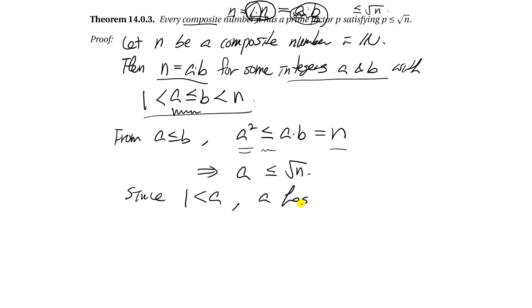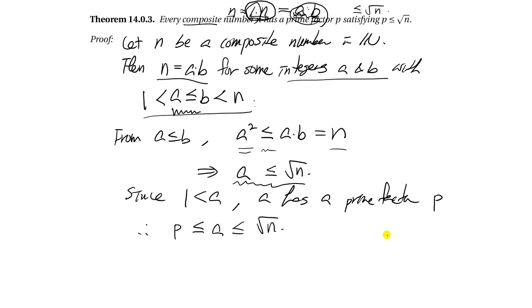Say p. Okay? Then clearly, because p is a factor or divisor of a, therefore p must be less than or equal to a. Sometimes a is that prime factor, who knows? And that is less than or equal to the square root of n, because of that.